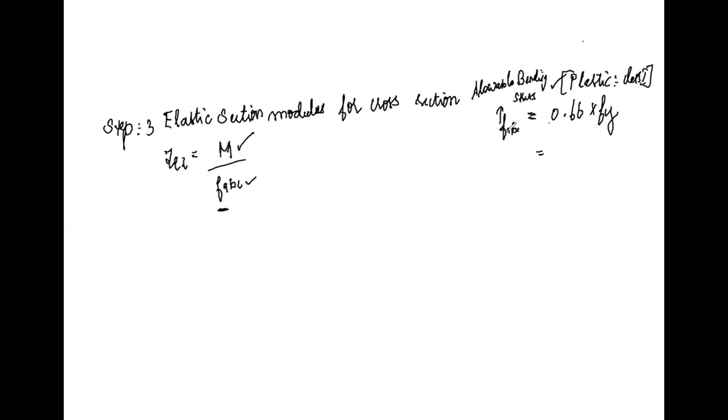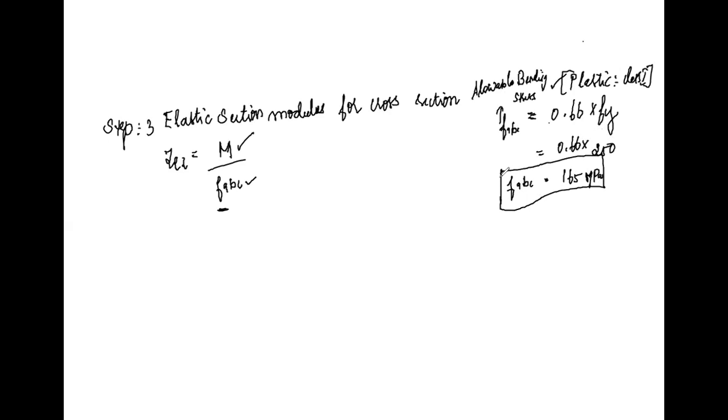Fab is the allowable bending stress. 0.66 into, we know the value of Fy, which is 250. Next, Fabc is equal to 165 MPa. We calculated the value of Fabc.